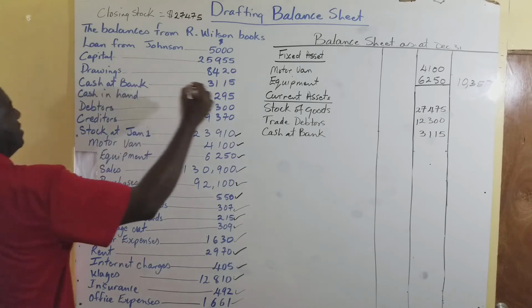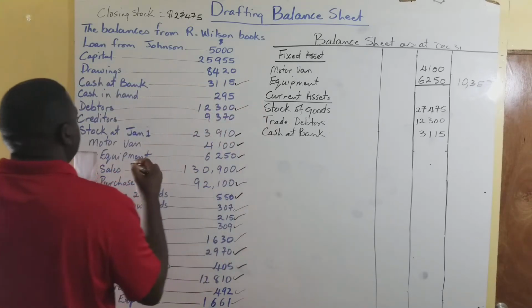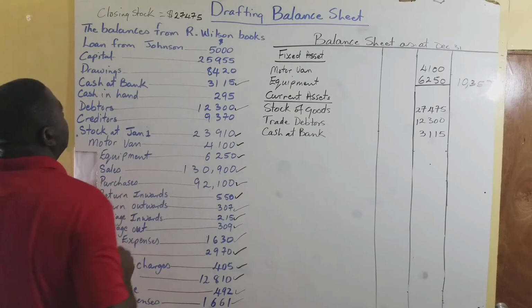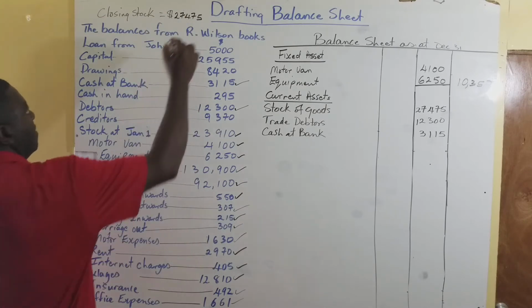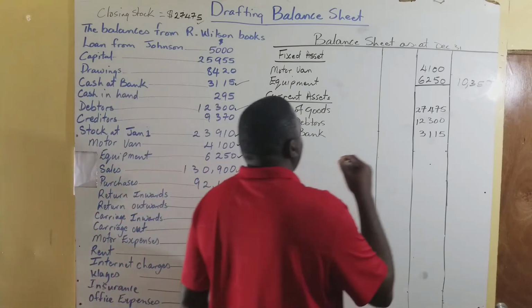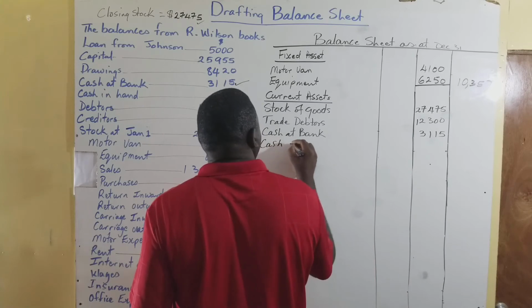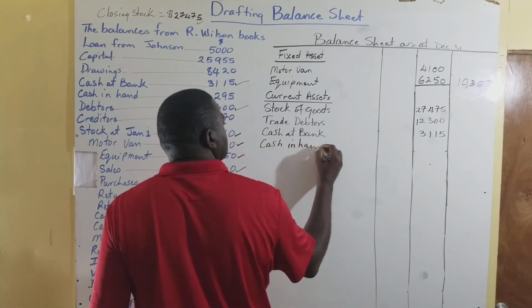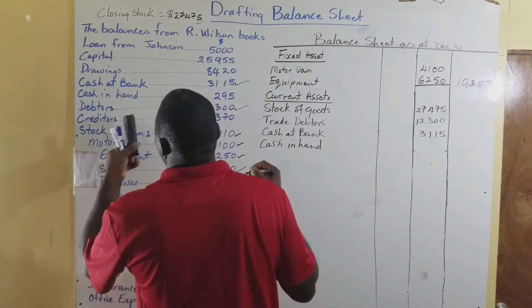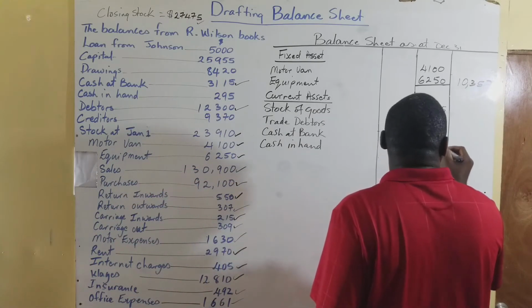We would have used this one already. We would have used the closing stock up here. Okay, so we have the cash in hand, and the cash in hand figure is 295.